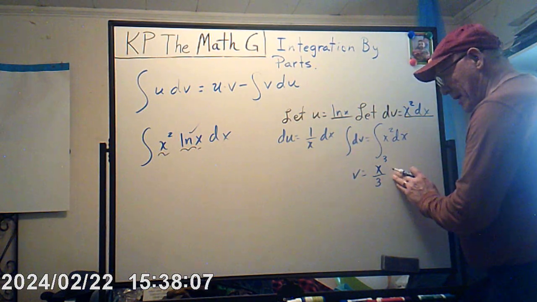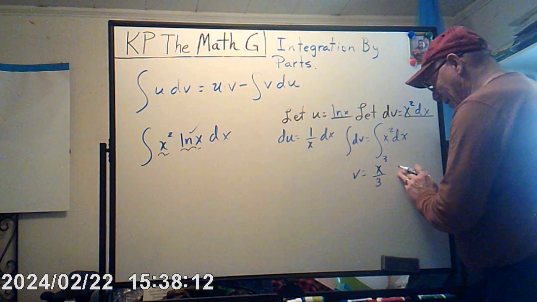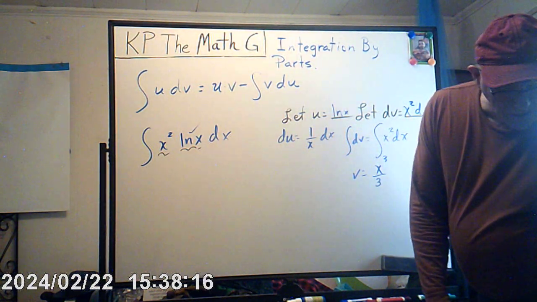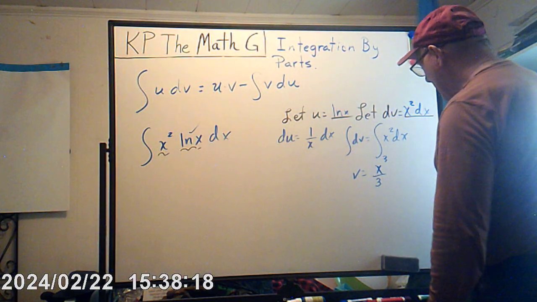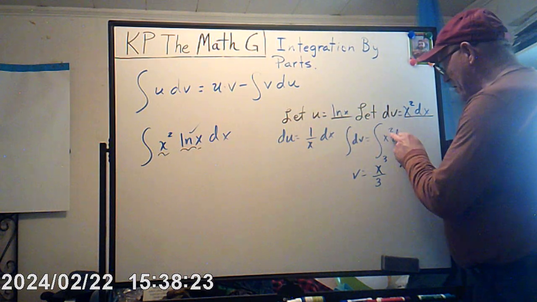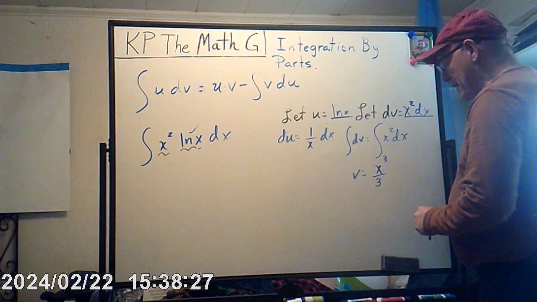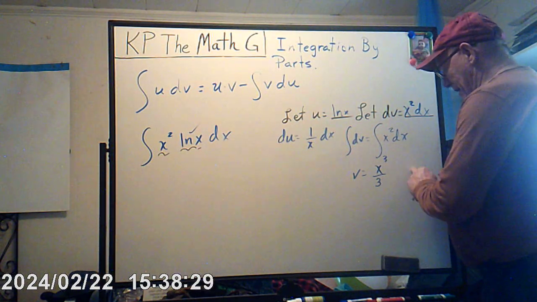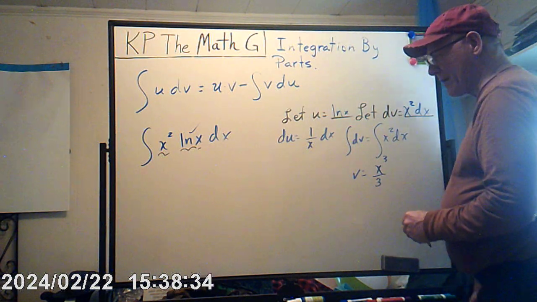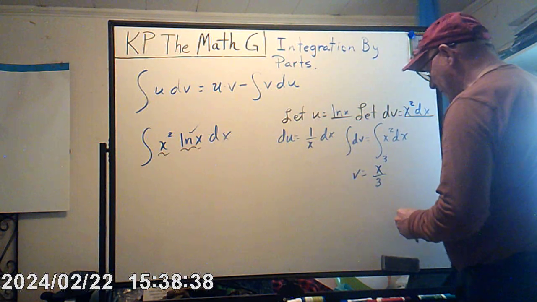For the time being we are not going to put plus c right here; we're going to reserve that for later. I increased this exponent by 1 and divided by that same exponent. Again, we're not putting a plus c on any of this right now. Later on, at the end of the problem, we will add a plus c.